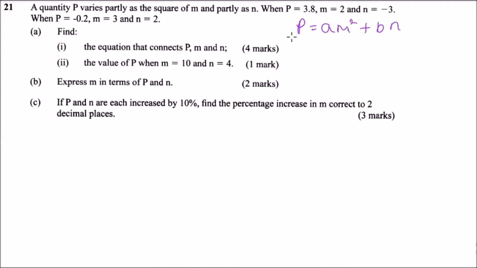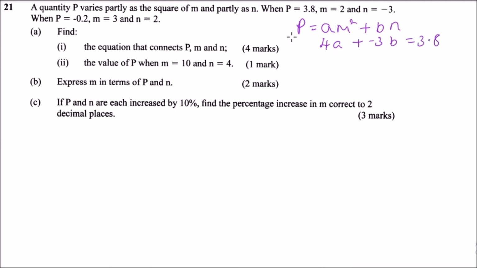So what we do, we replace the values of P, m, and n. When m is 2, that means it is 4a, plus n is minus 3, so we have minus 3b is equals to P, which is 3.8.